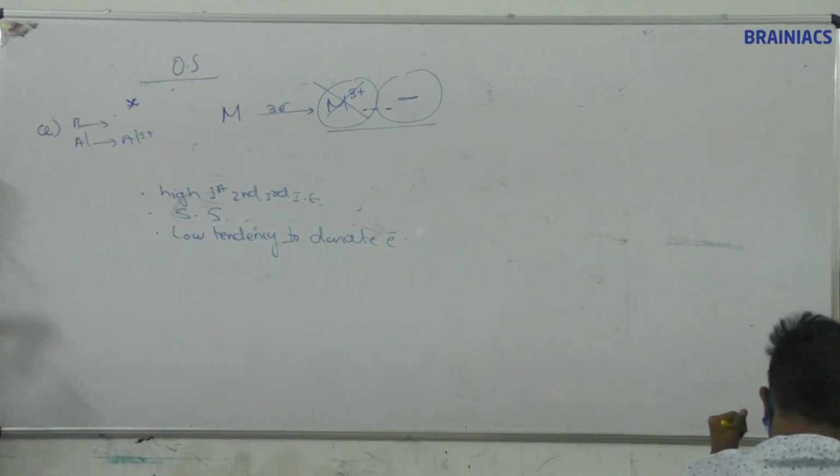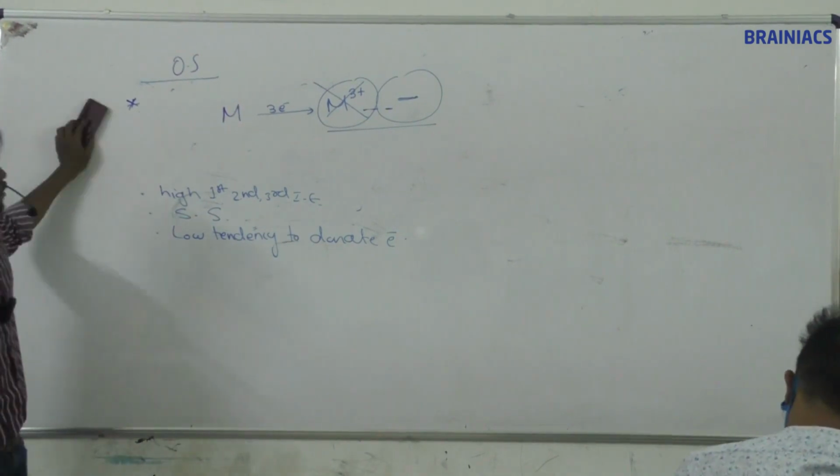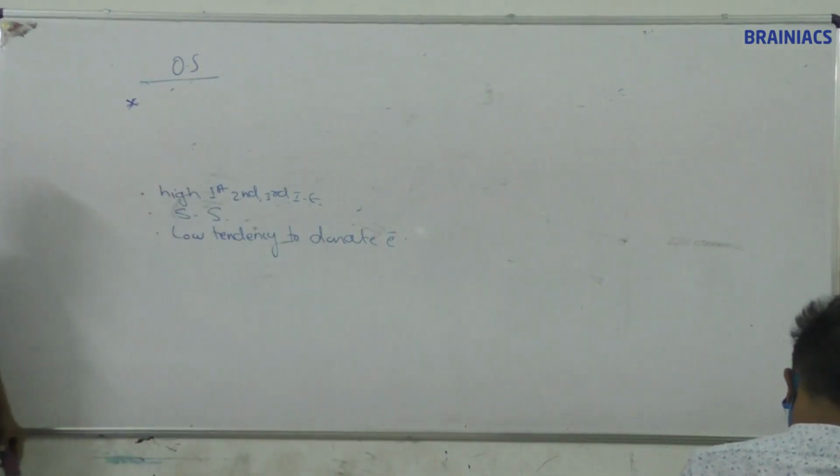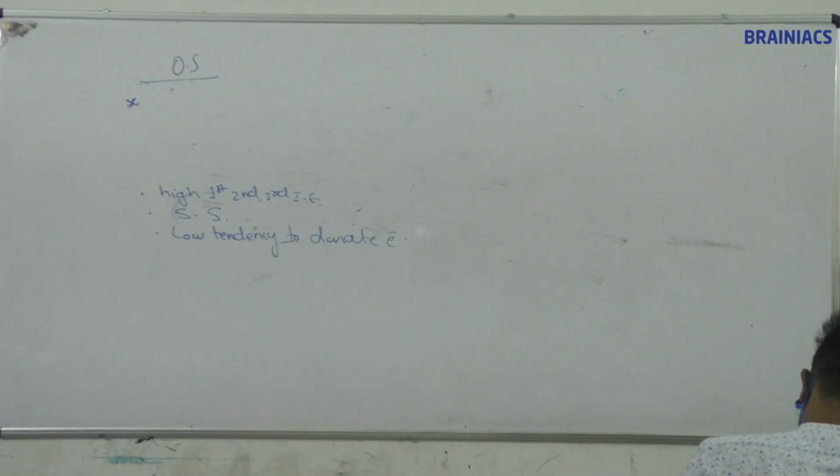Boron does not give a B3+ ion, or it does not form an ionic bond.